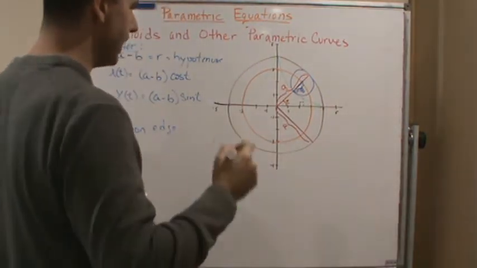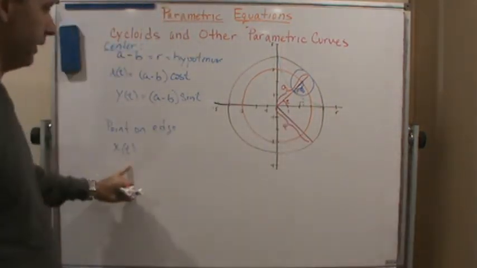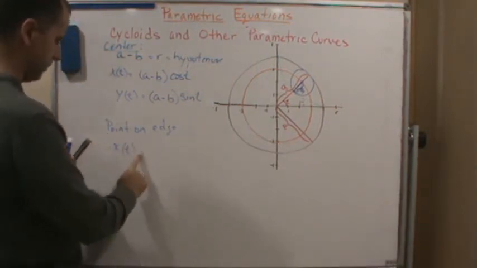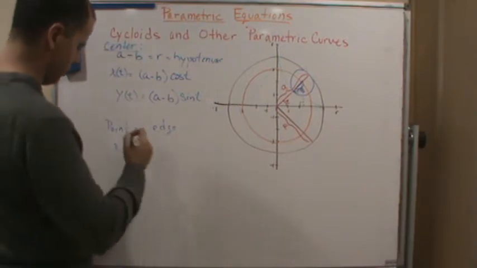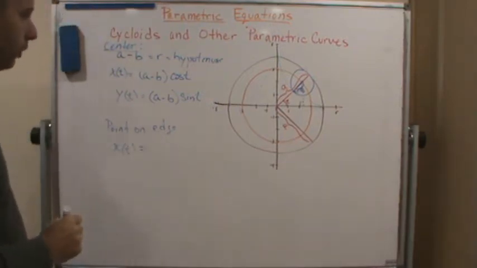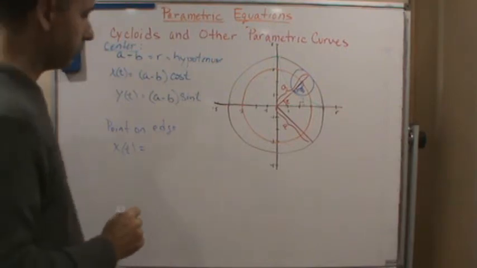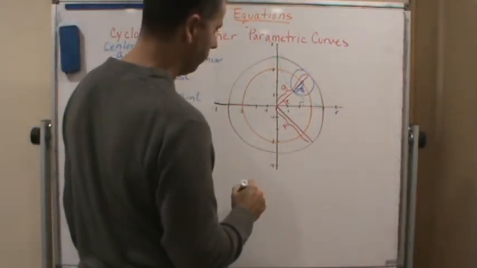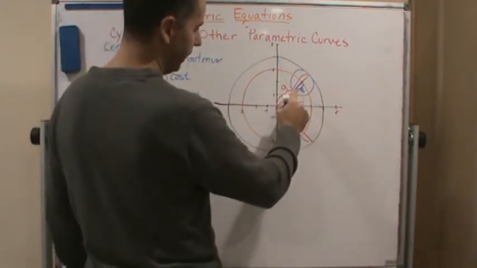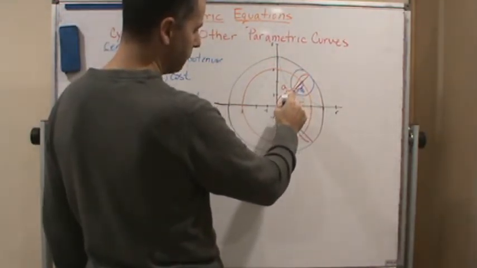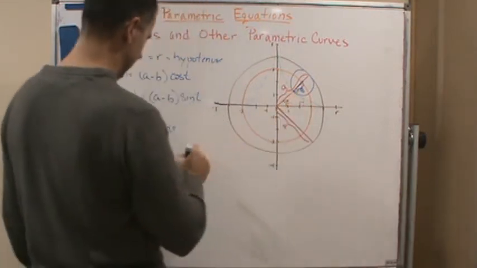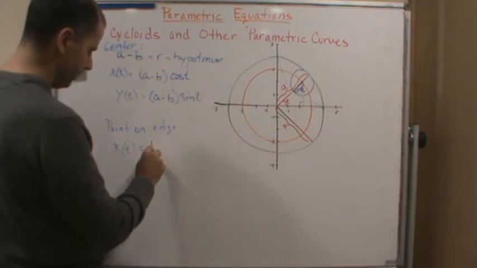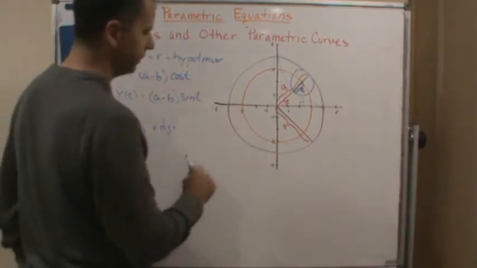And so if I take those into consideration, what I end up with is x of t is going to equal what? It's going to be a minus b divided by b. So let me back up.